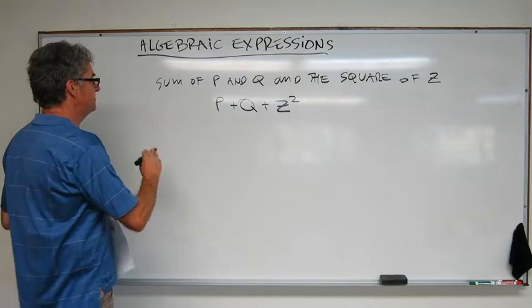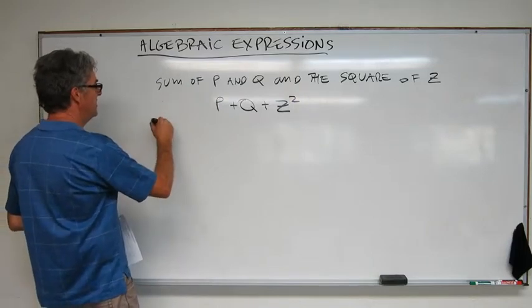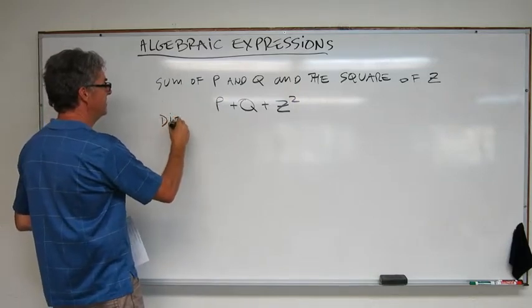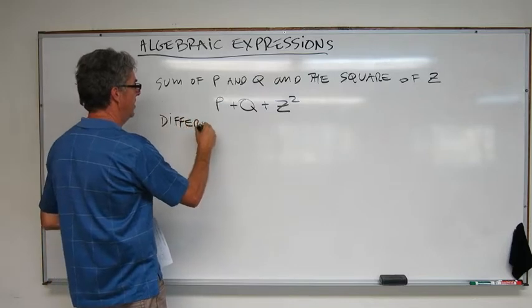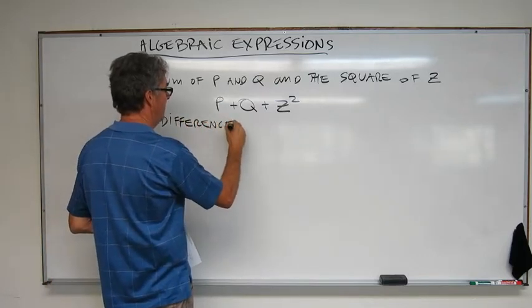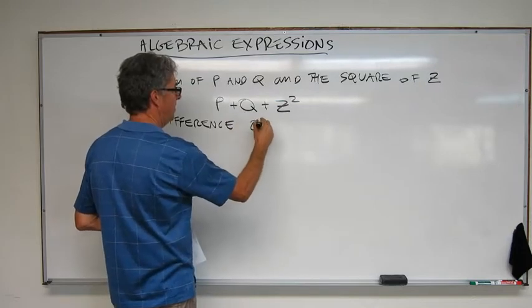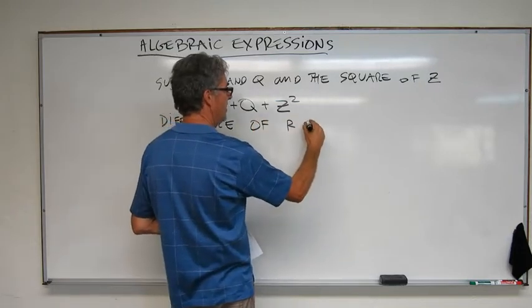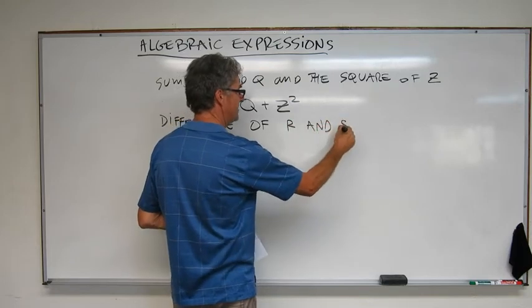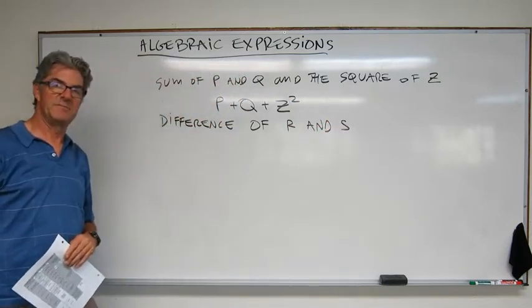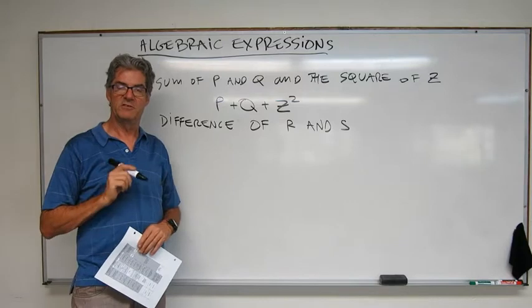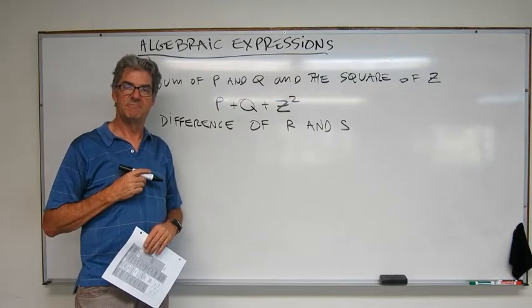How about, let's figure out a different one. The difference of R and S. So what's that going to be? Take a minute, pause the video, write a quick expression, and come back.